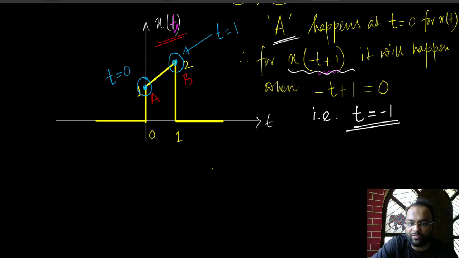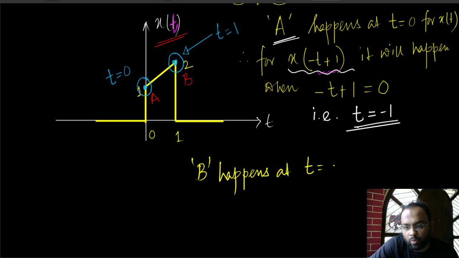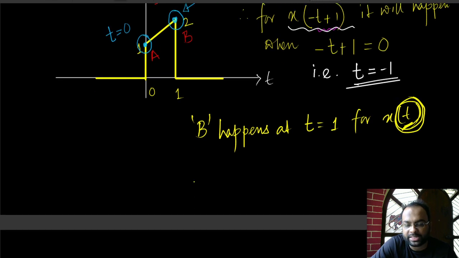Similarly, critical point B happens at t equal to 1 for x(t). For the original signal, when the internal argument is 1, critical point B takes place.